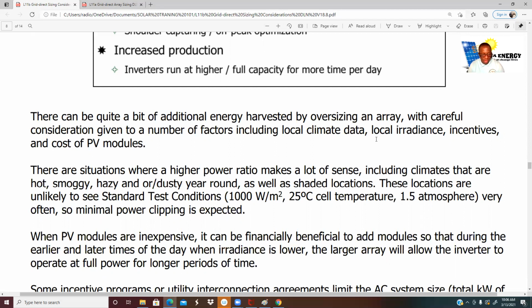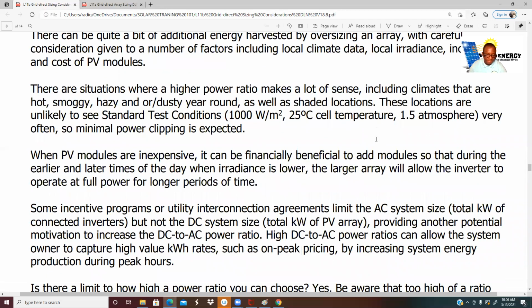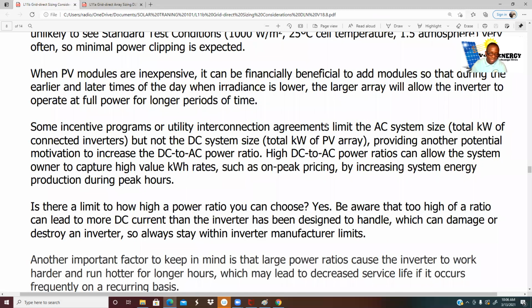Air mass 1.5 atmosphere is seen very rarely, so minimal power clipping is expected. When PV modules are inexpensive, it can be financially beneficial to add more modules so that during the early and later times of the day when irradiance is lower, the larger array will allow the inverter to operate at full power for a longer period of time.